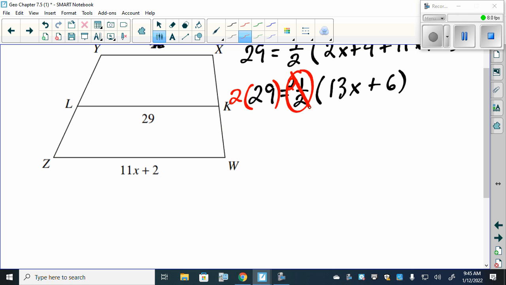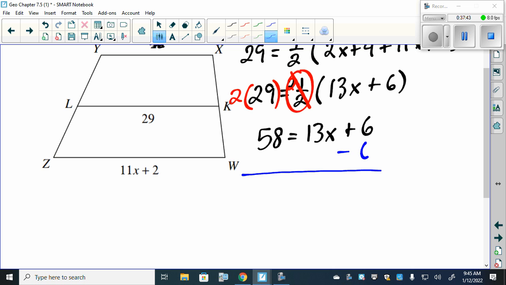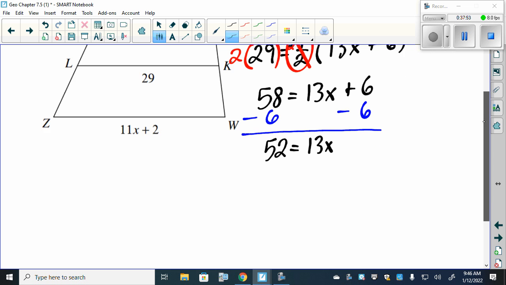If this works out to be a whole number, I am going to be genuinely surprised. 2 times 29 is 58. Is equal to 13x plus 6. Which tells us that 52, wow.